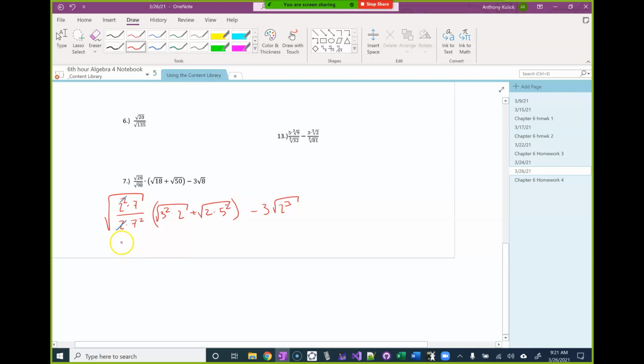So what I'm going to have then is 2 times 7 over 7, and then a 3 square root 2, and a 5 square root 2. And over here, this 2 to the third, I'm going to think about as a 2 squared and a 2 to the first.